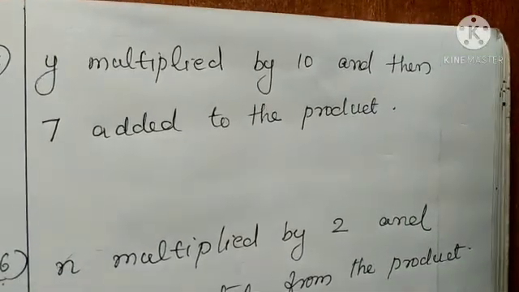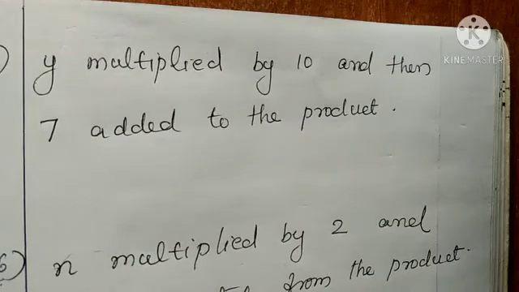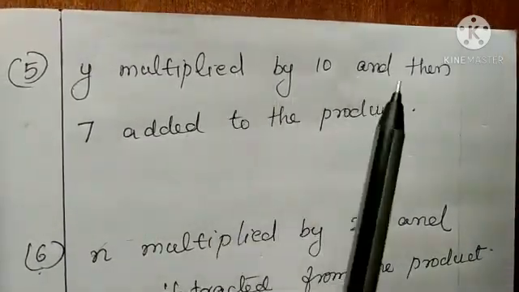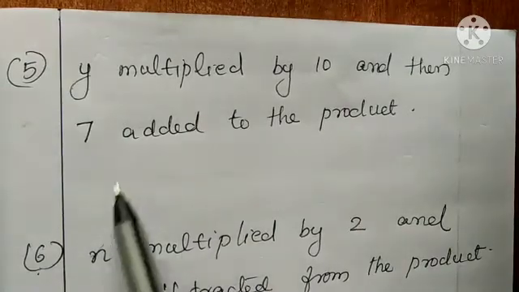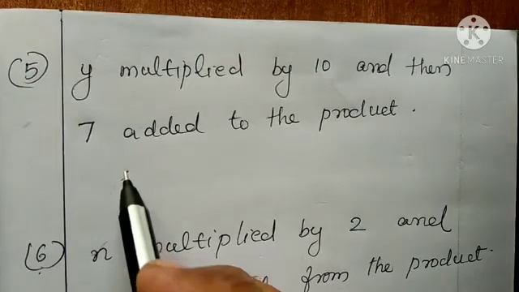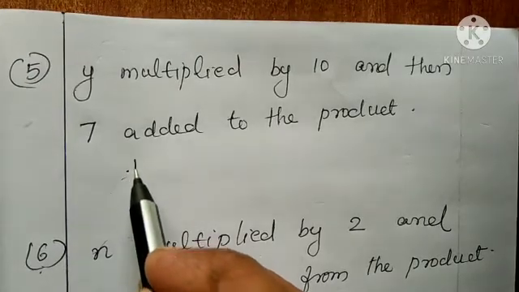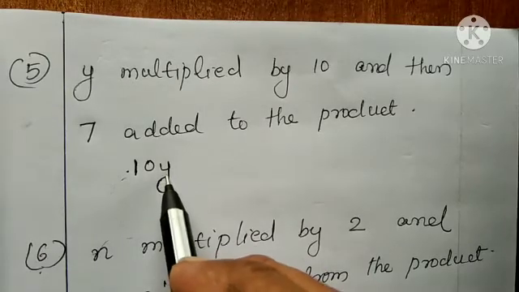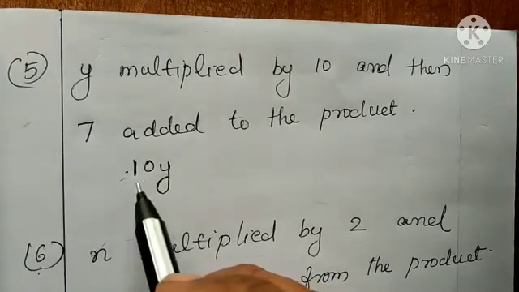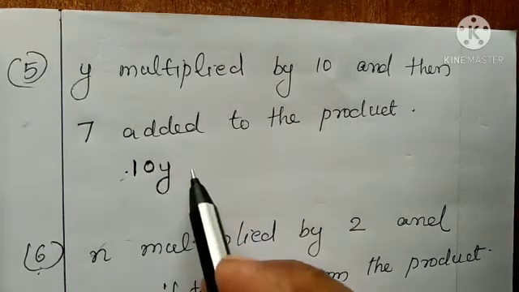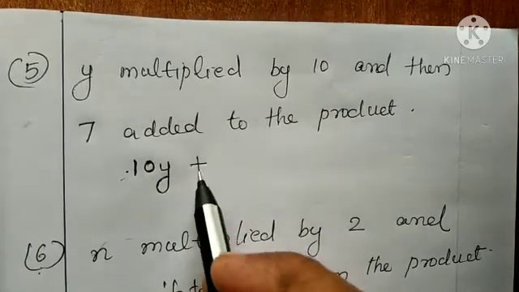Next we check how we can write the expressions. y multiplied by 10 and then 7 added to the product. So y multiplied by 10, how will you write? y multiplied by 10 means 10y. And then 7 added to the product. So this is the product we got, 10y, and 7 added to this product.